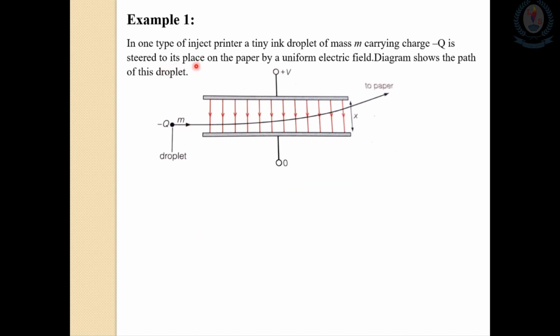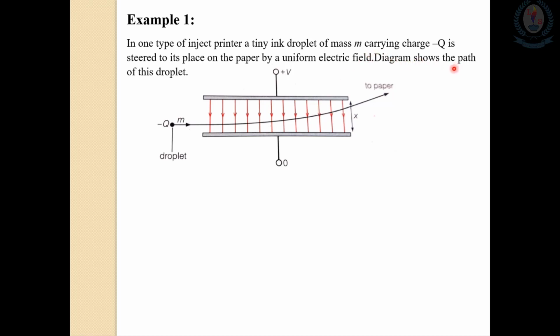In one type of inkjet printer, a tiny ink droplet of mass m carrying a charge minus Q is steered to its place on the paper by a uniform electric field. Now you can observe and understand why it's called a uniform electric field: two parallel plates, and the field lines are equispaced and parallel.